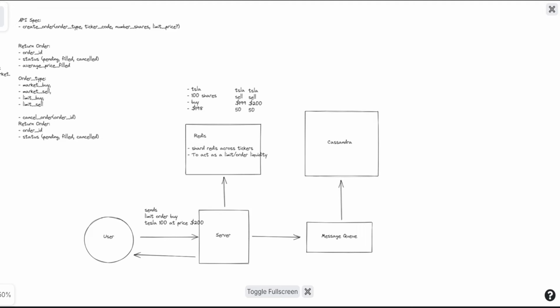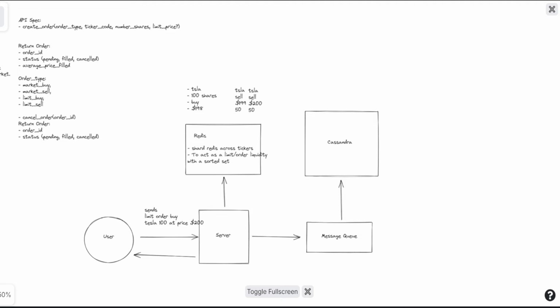Can you fill it or not? And then we'll get a response from the market that says yes or no over time. Also, we do want to make this somehow asynchronous with respect to users.